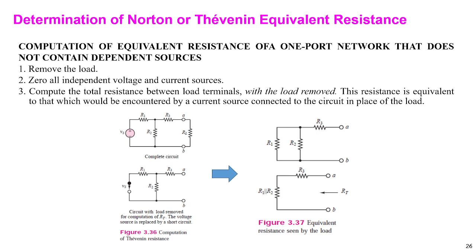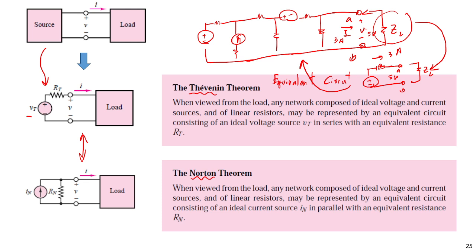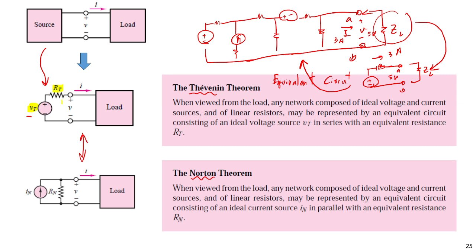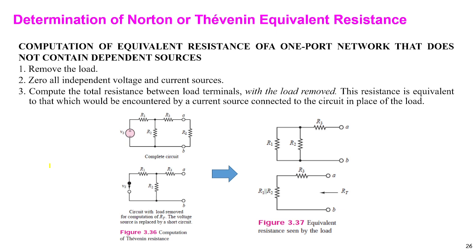Okay, how to determine the Norton or Thevenin equivalent? First, we need to find VT and RT, or IN and RN.